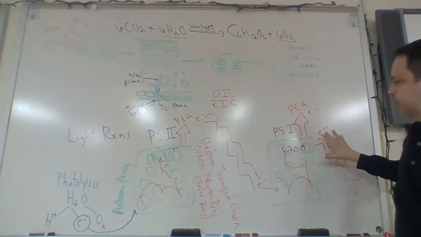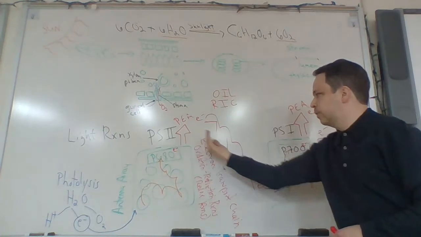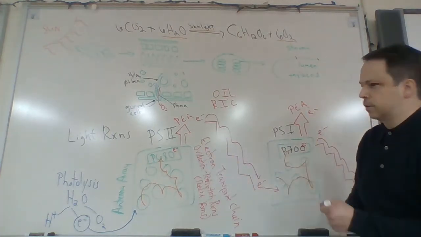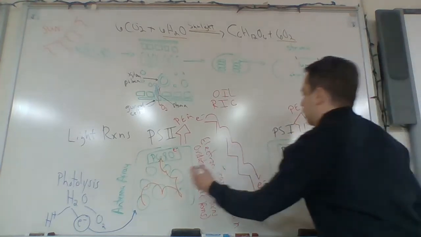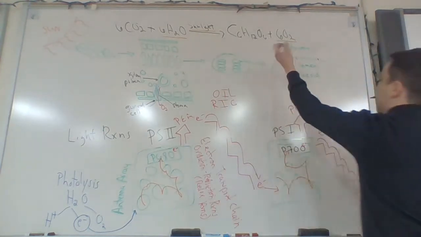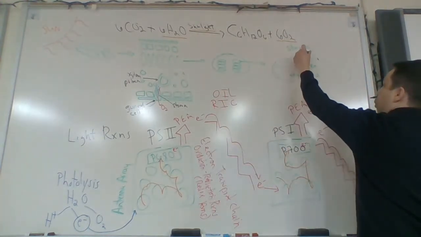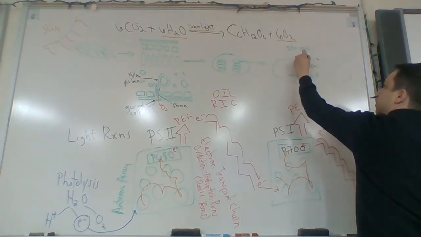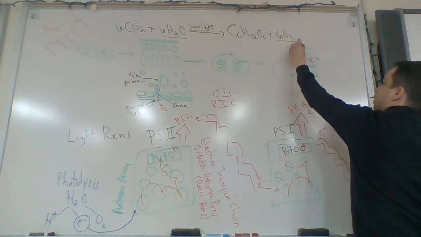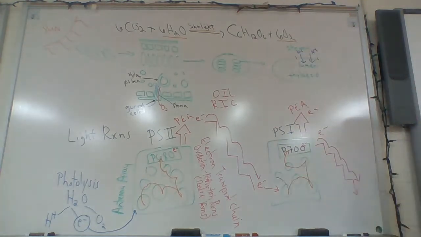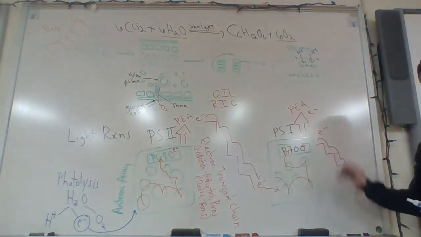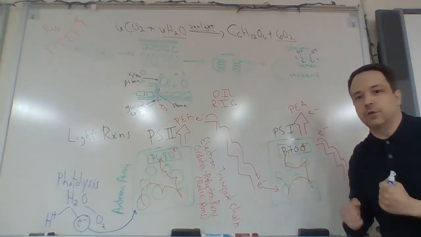So these two electron transport chains, these series of redox reactions, are going to cause enough energy to pass to pull hydrogen ions into the lumen of the thylakoid. Right? So energy from electron transport chains is pulling hydrogen ions into the lumen.